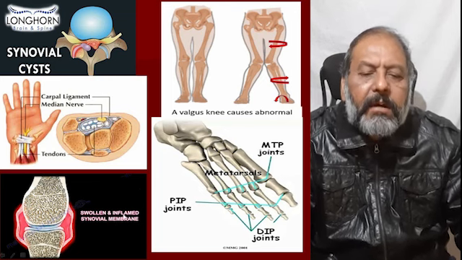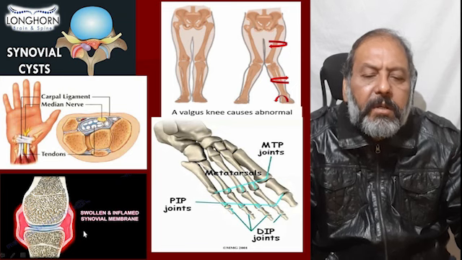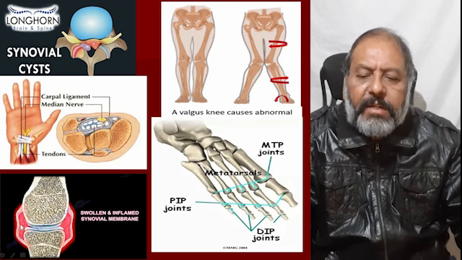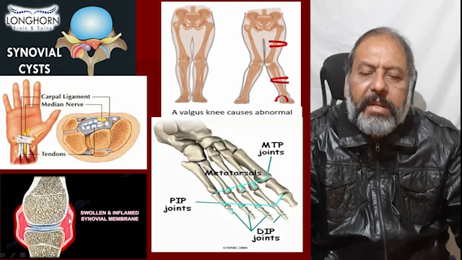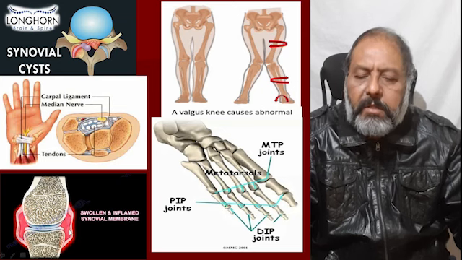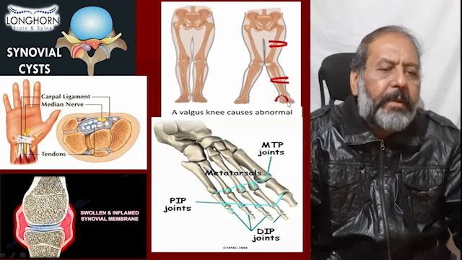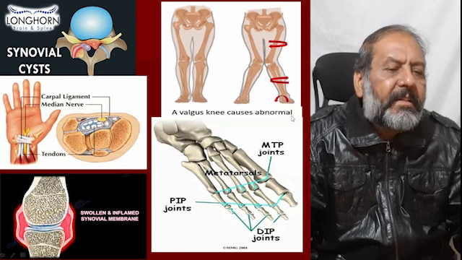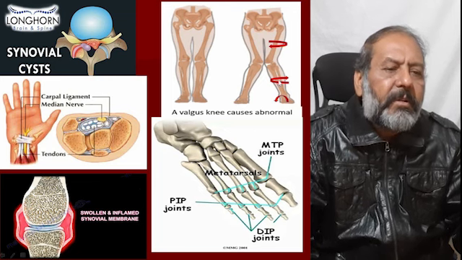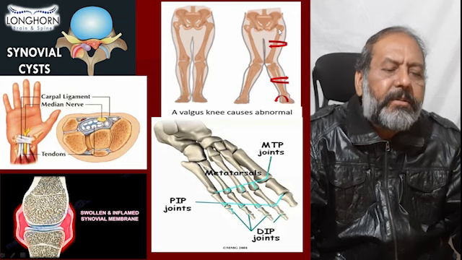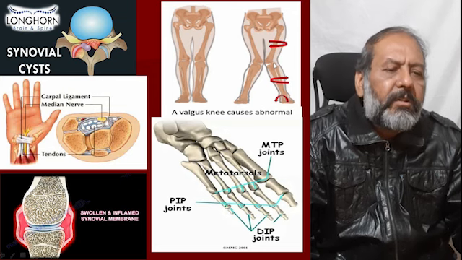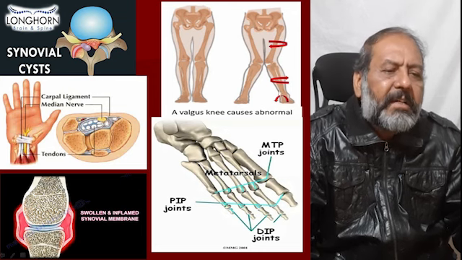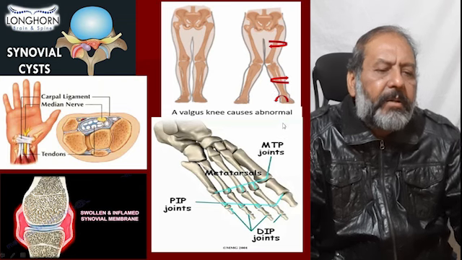Here is the swollen and inflamed synovial membrane, as one can see. And here there is valgus knee that causes abnormal posture, and that also puts stress on the joint and ultimately causes rheumatoid arthritis.